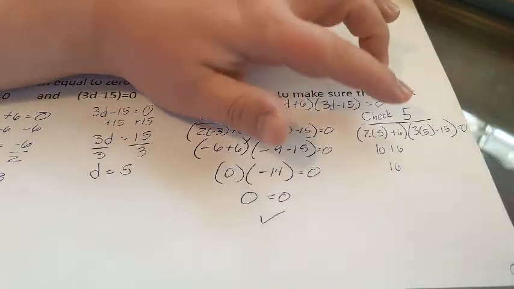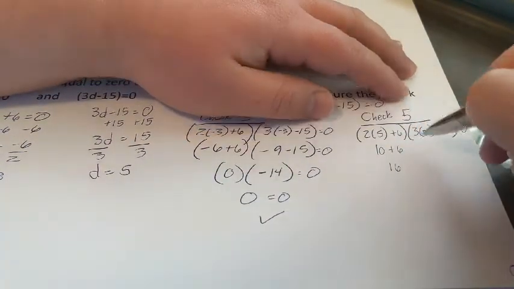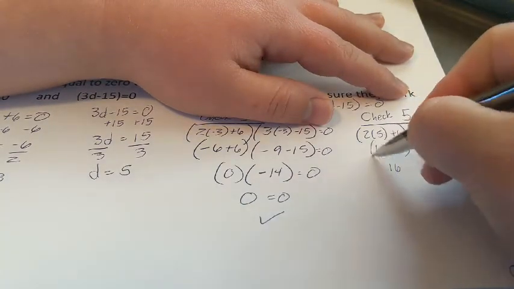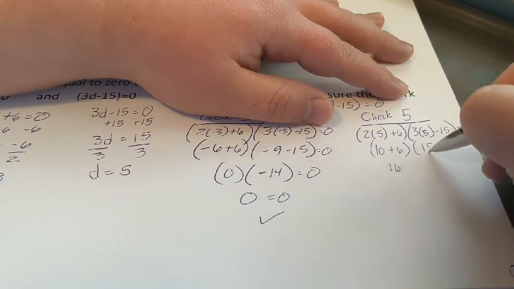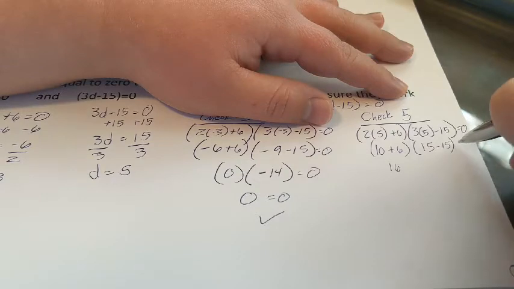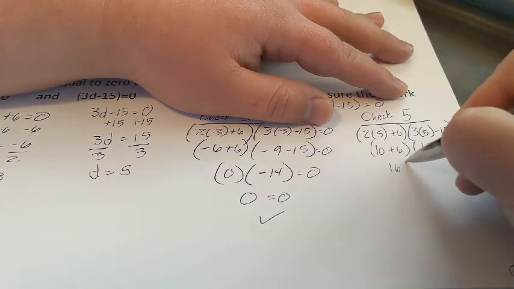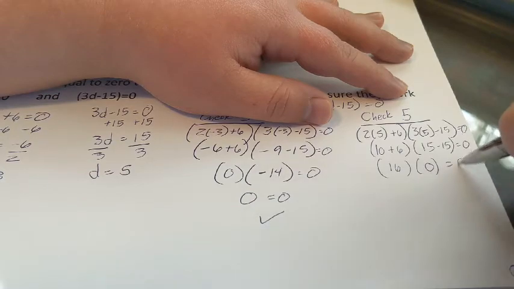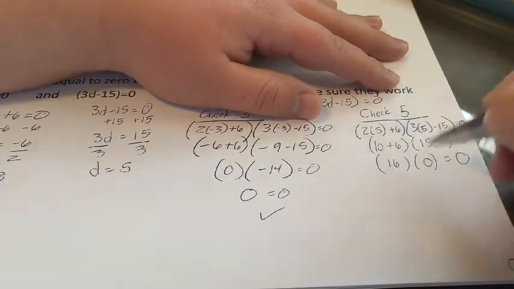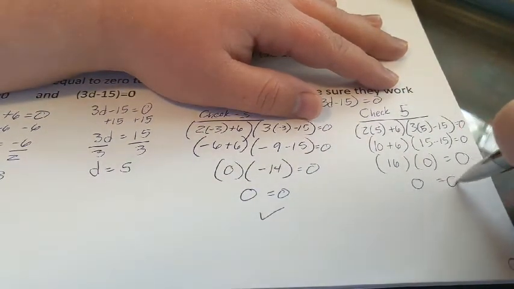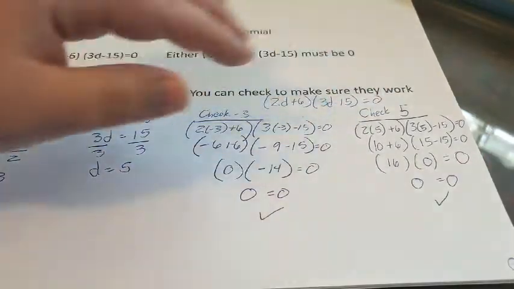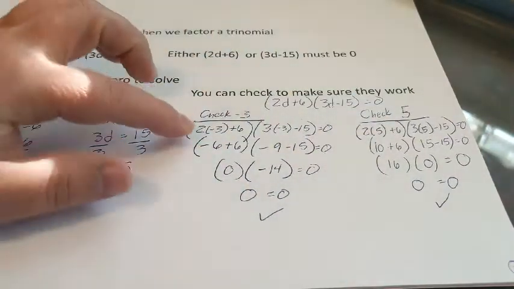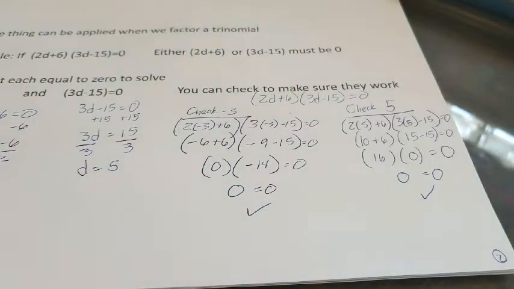Then 3 times 5 is 15, so 15 minus 15 is 0. So 16 times 0 is 0. And if you notice, each of these answers made one of the parentheses 0. That's the whole deal.